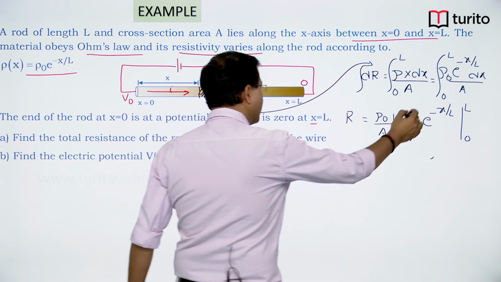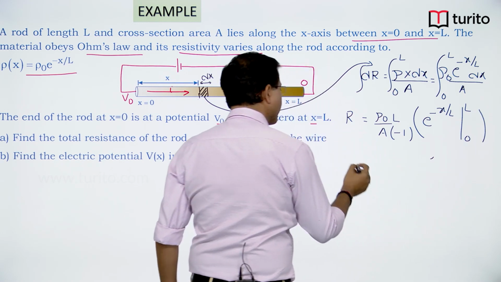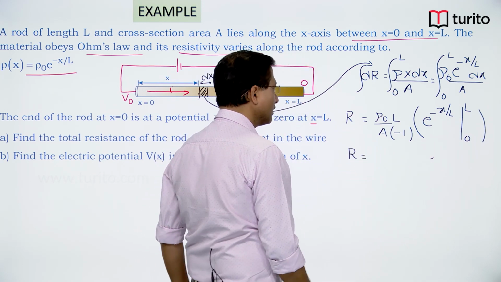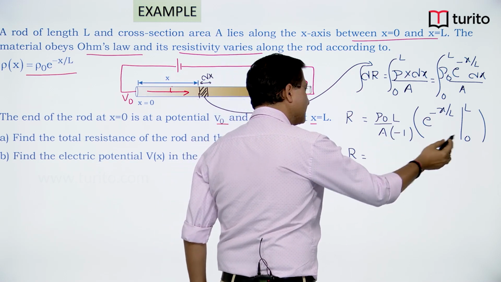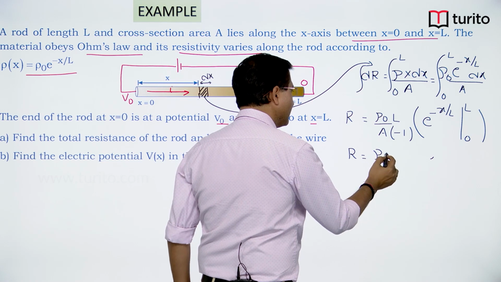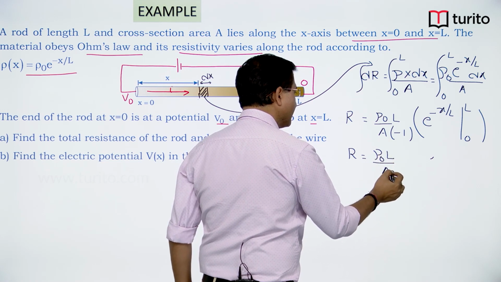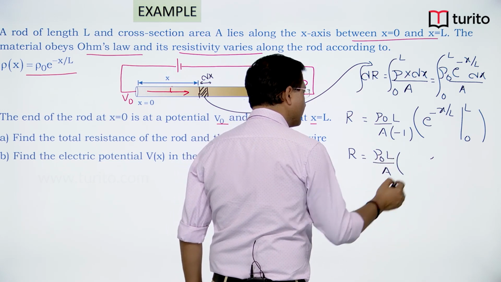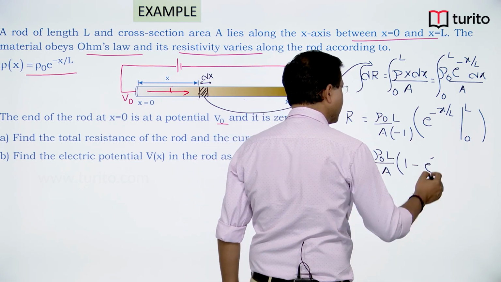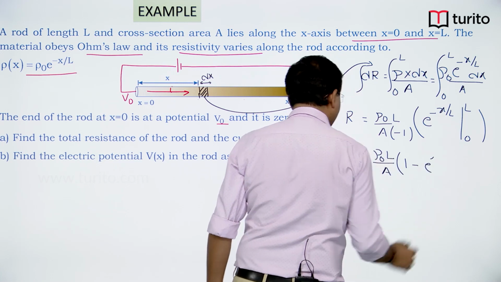So, this is what we have. R is coming, if you substitute, upper limit minus lower limit we can write. So, R equals rho naught L by A, in brackets, 1 minus e to the power minus 1.